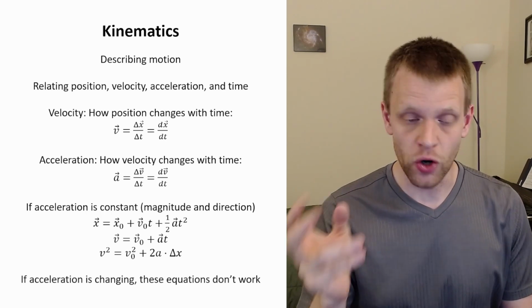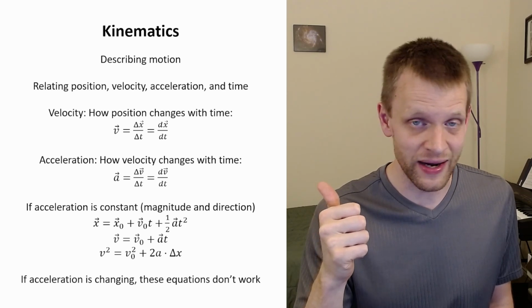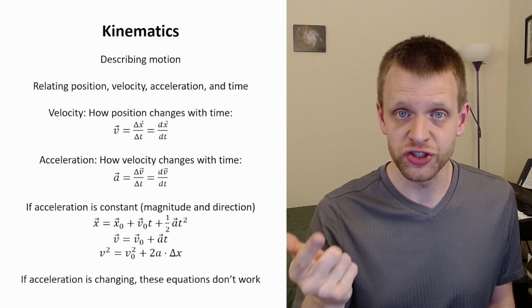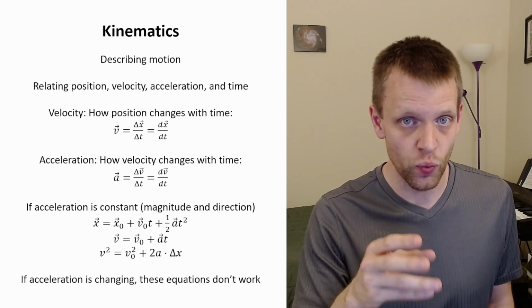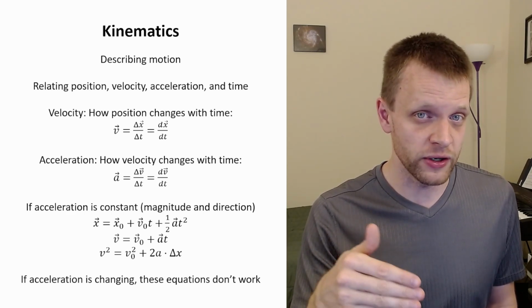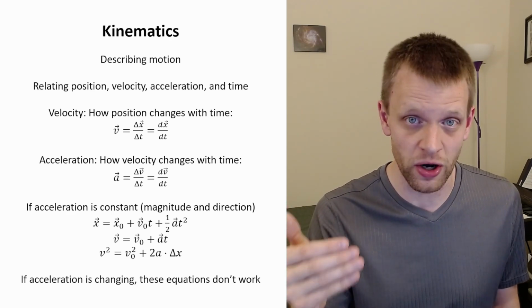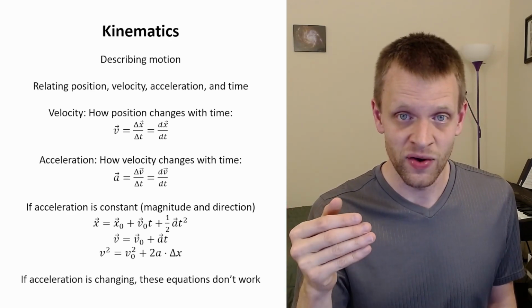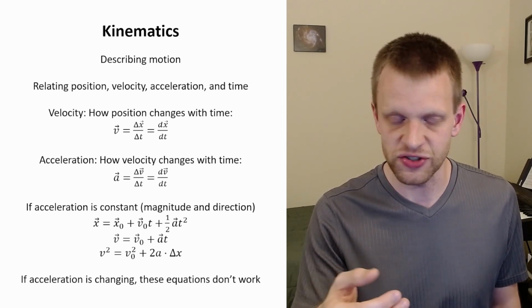But if we don't have a constant acceleration, if that acceleration is changing in either magnitude or in direction, we have to be very careful because these equations will not work. These equations are derived under a certain set of assumptions. And if those assumptions are not valid, then we can't have confidence in these equations, again, for those cases.